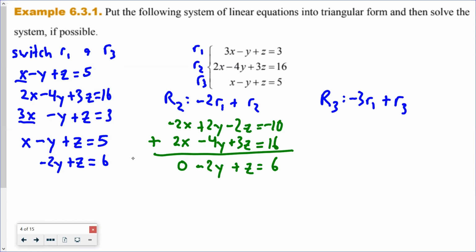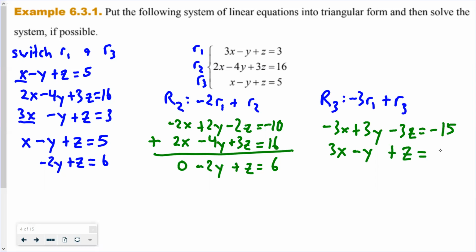When I times row 1 by negative 3, I get negative 3x plus 3y minus 3z equals negative 15. And then row 3 was 3x minus y plus z, and that's equal to 3. I'm going to put a little line here so we don't get confused, okay?